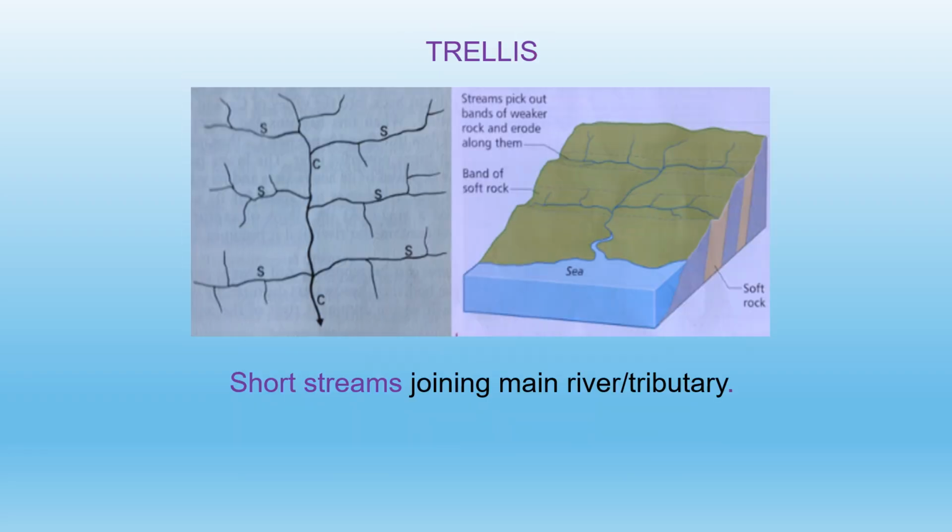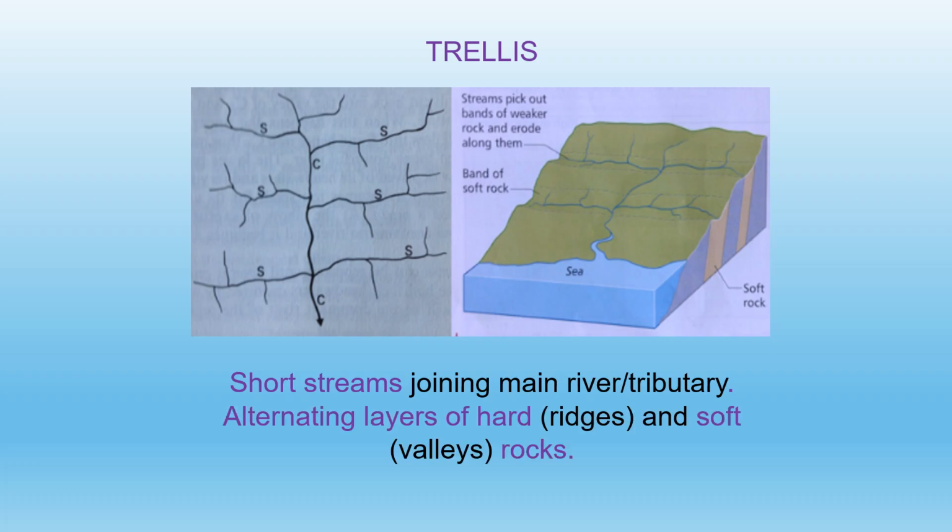The trellis pattern is characterized by short streams joining the main river or short streams joining one of the larger tributaries. The trellis pattern is characterized by alternating layers of hard and soft rock. The hard layers of rock will form the ridges or the mountains, whereas the softer layers of rock will form the valleys.